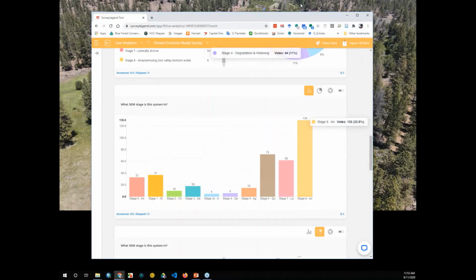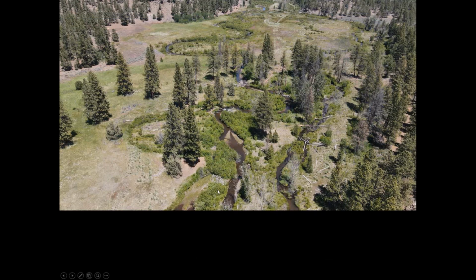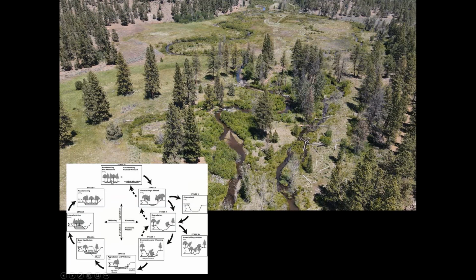And remember, Colin, you talked about the difference between stage 8 and 0 being really one of a degree. So yes, it's multi-threaded and splitting around, in this case, a mix of woody and grassed islands. But what would be the difference? Would you agree with what a bunch of those people called this stage 8? Or would you call this stage 0?